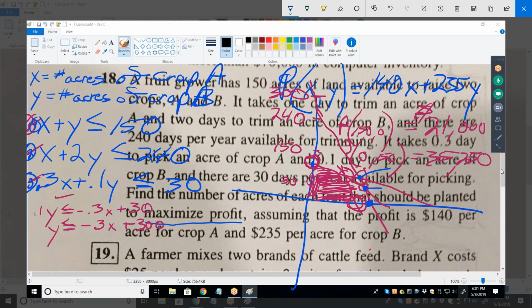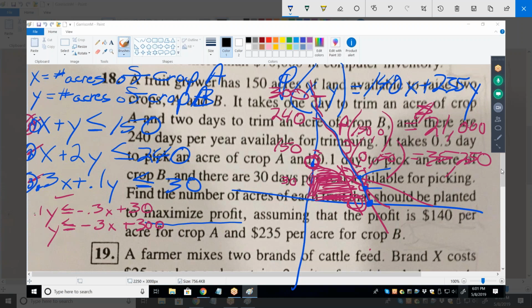Those 4 dots. Now, the dot on the y-axis is easy to figure out because you know x is 0, so that has to be 150. The dot on the x-axis is easy to figure out because you know y is equal to 0, so x has to be 150. Or excuse me, we used the right equation. I wasn't using the right equation. The only 2 dots that are difficult to figure out are the 2 dots that aren't on the axes. And you just have to make sure that you're using the right equation.